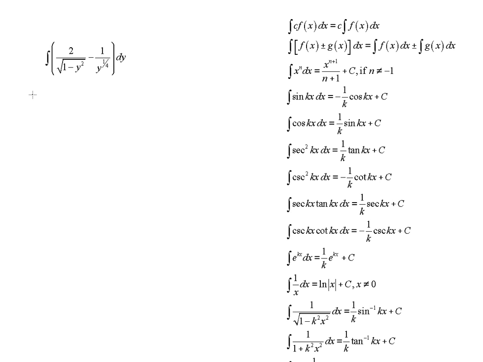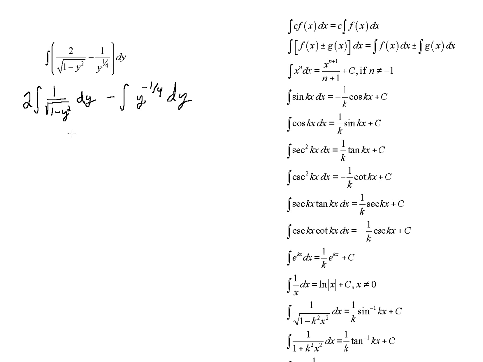So we can break this up, and I'm going to bring that 2 out in front of the integral symbol. So we have 2 times 1 over the square root of 1 minus y squared, and that's going to be dy, and then minus the indefinite integral of y to the negative 1/4 dy.